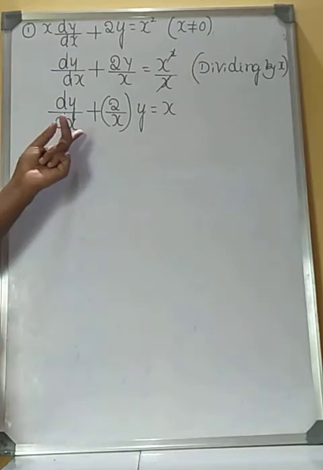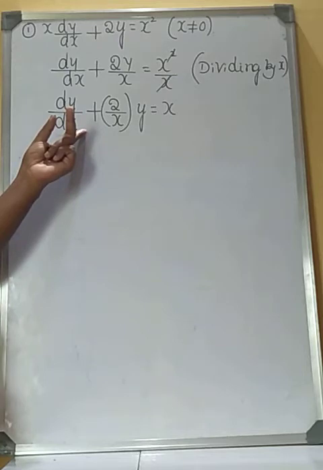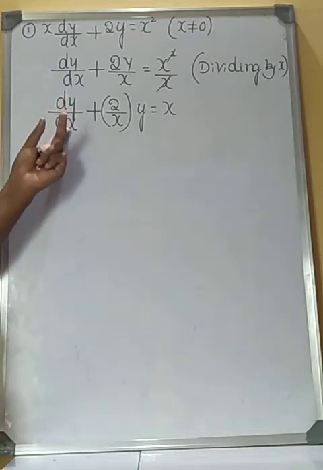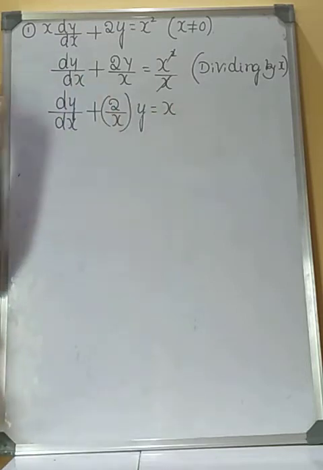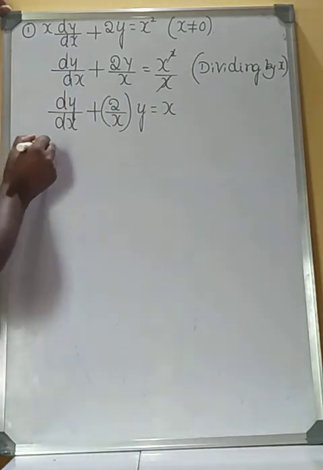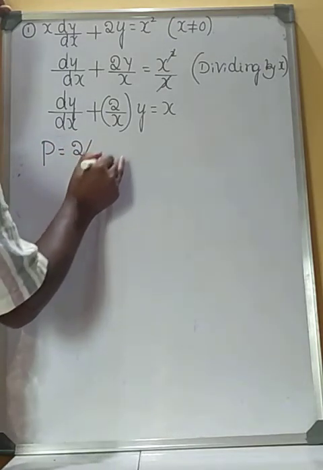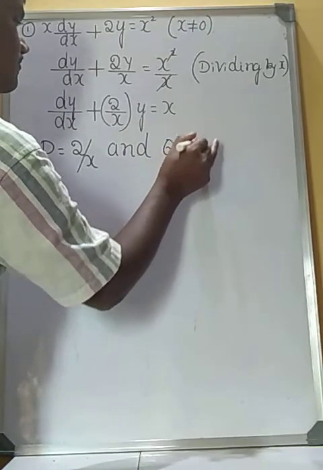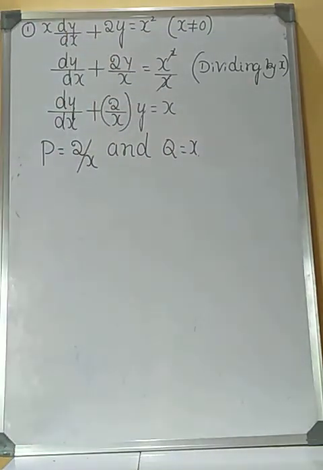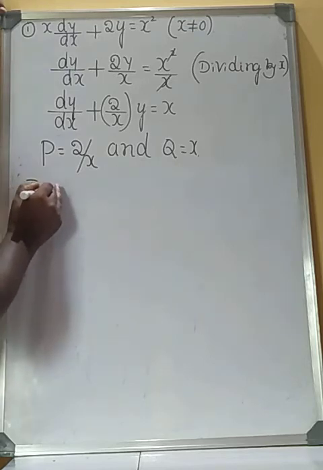This is a linear differential equation of the form dy by dx plus p into y is equal to q, where p is 2 by x and q is equal to x. Now find the integrating factor.